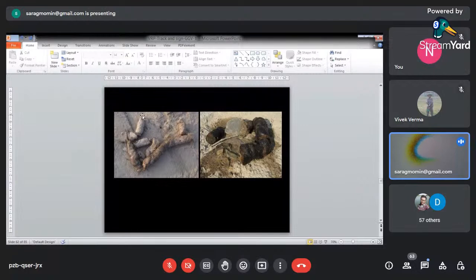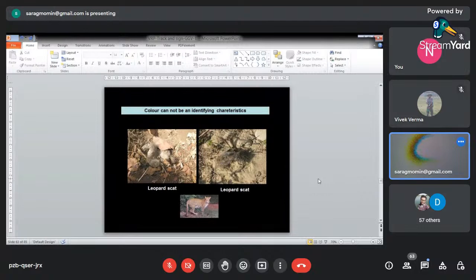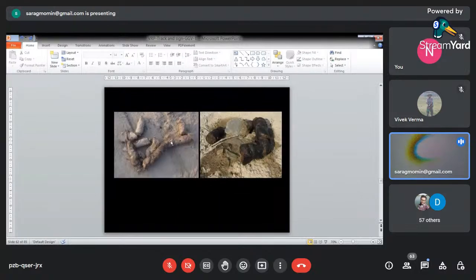Here it is pointed at the end and starting point. In this case, whether it is the starting point or the ending point, both are blunt. This belongs to leopard and this one belongs to tiger.